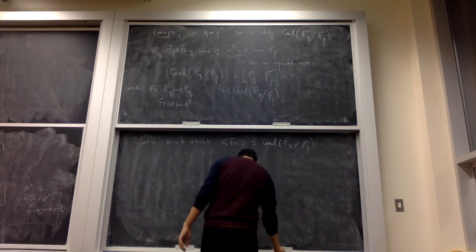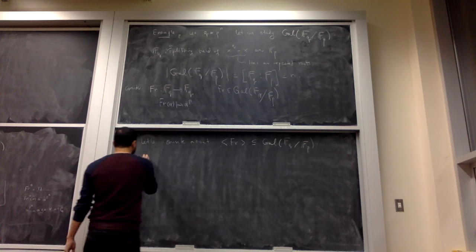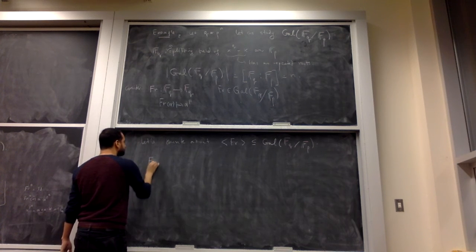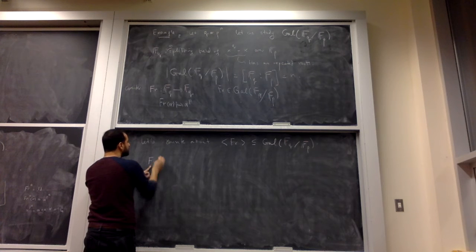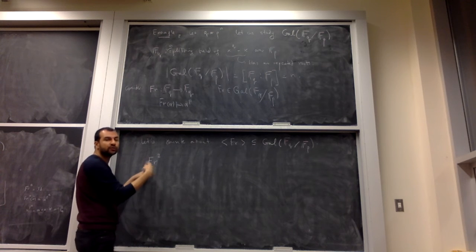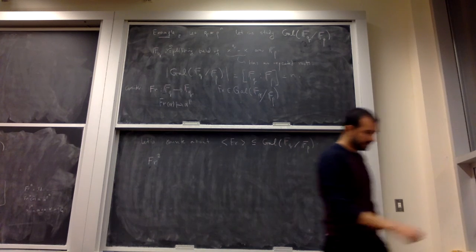So we're going to compose Frobenius with itself. If I compose it with itself twice, I'm going to write Frobenius squared. By that I mean compose Frobenius with itself twice.